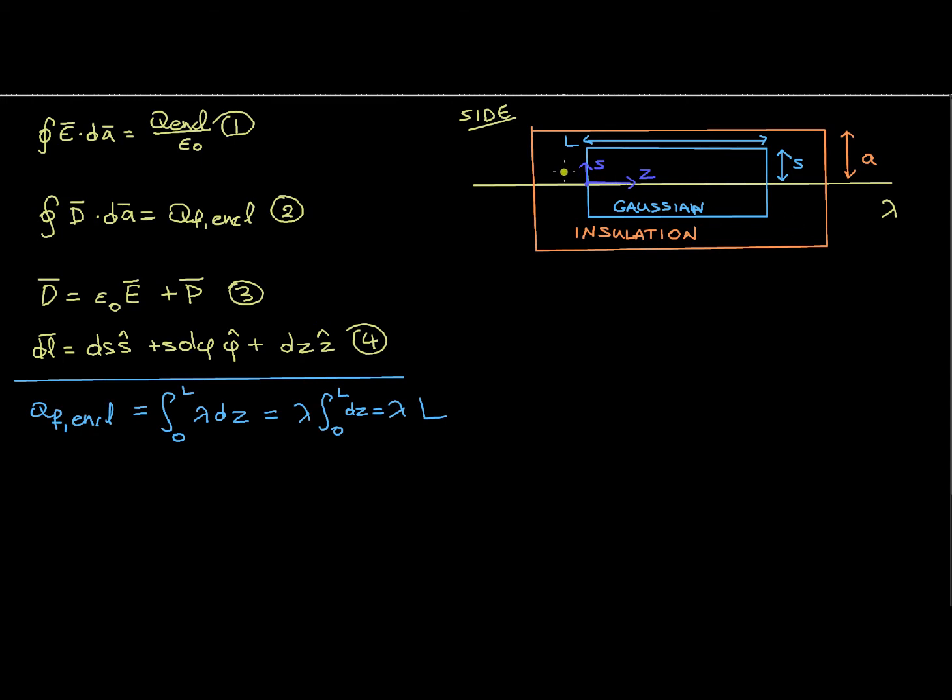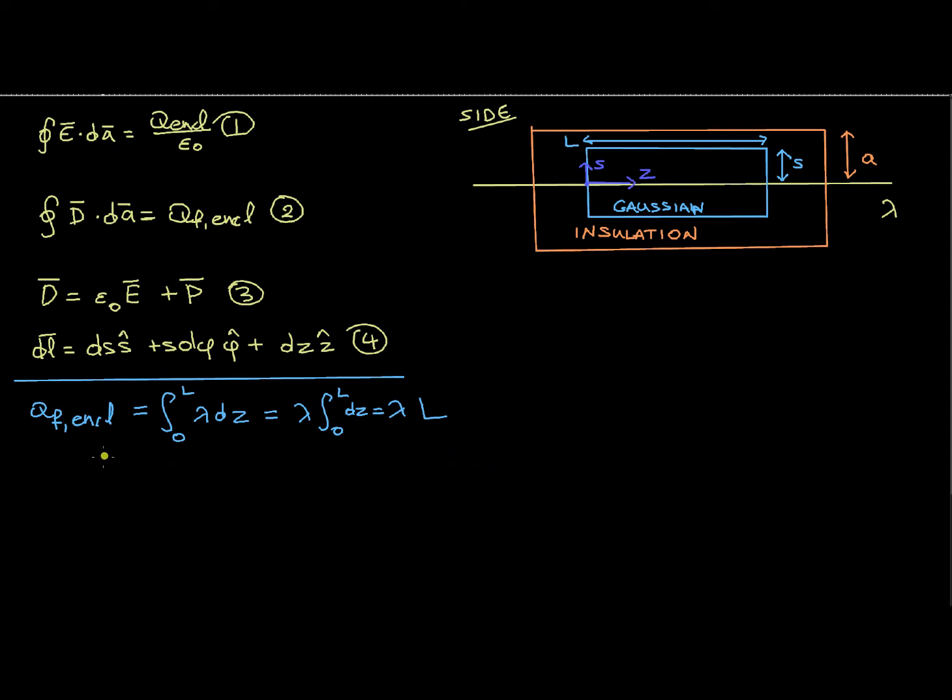You have to keep this in mind: you have the free charges that you placed there with the linear charge density lambda, but as a result of the electric field created from those charges, you will also get induced dipoles inside the insulator. That's what we call the bound charges.